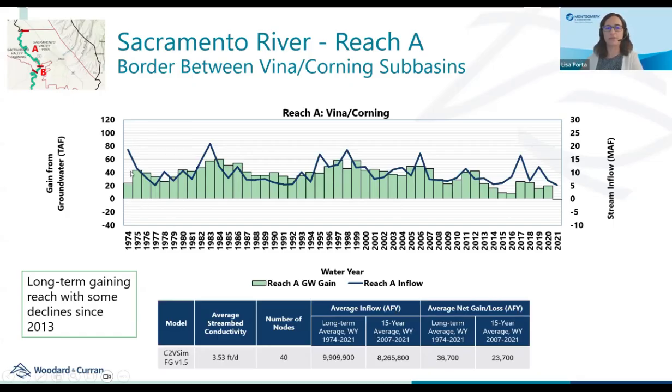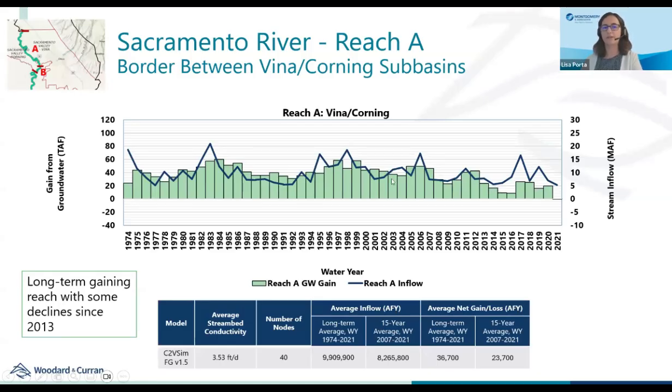And then this is compared to how the river is gaining within that entire reach A. What this shows is that this reach has a long-term gaining trend with some decline since 2013. You can see how the flows were hovering around 40,000 acre feet a year, and now they're closer down to about 20.